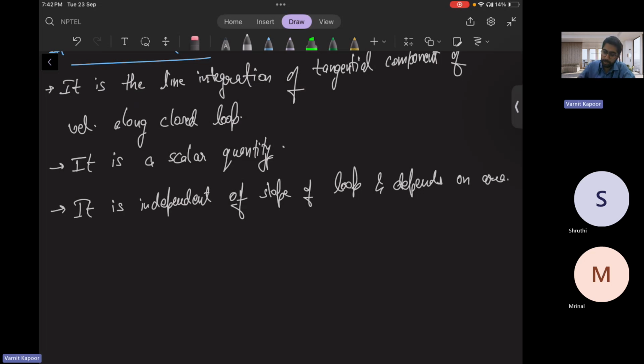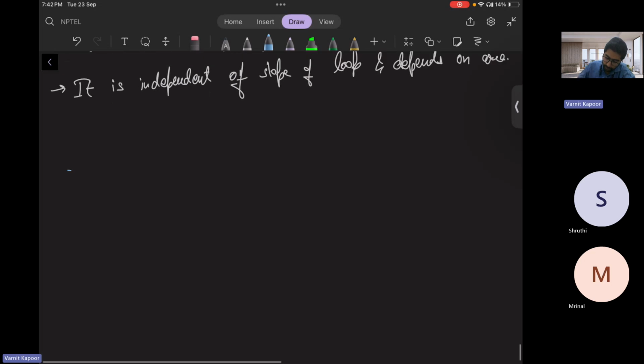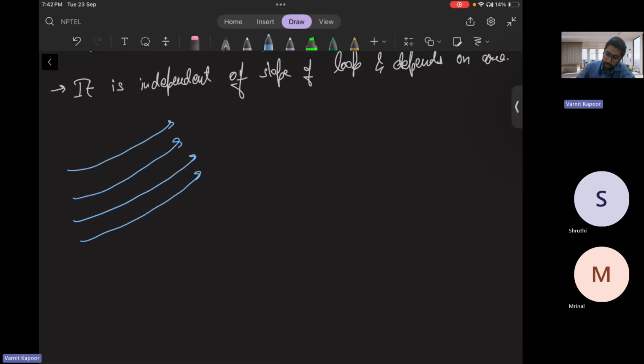So let us say we have a set of streamlines like this, and we define a closed loop inside it. We consider a closed loop which carries individual particles. Let us suppose a small element dl in this. It will have a velocity vector along the streamline.